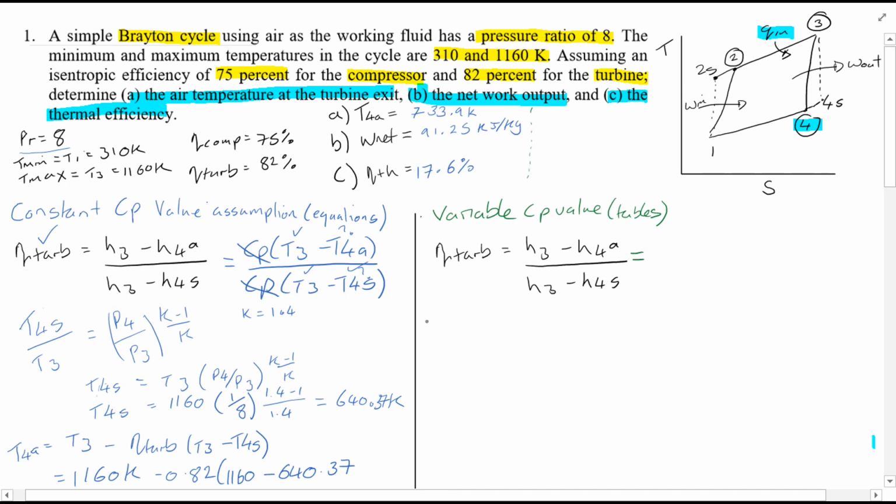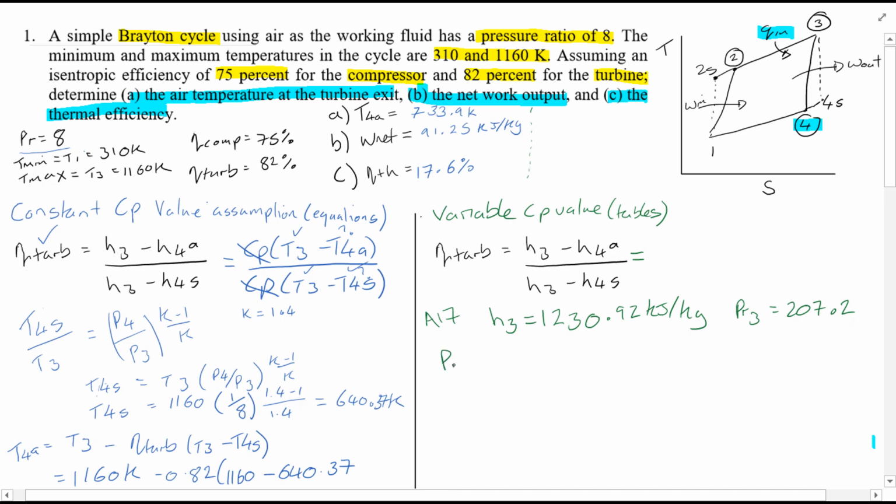Okay, using table A17, we're able to find the corresponding H3 value. Since we're given a temperature of 1160 Kelvin, the corresponding H value for this is 1230.92 kilojoules per kg, and the pressure ratio PR3 is equal to 207.2.